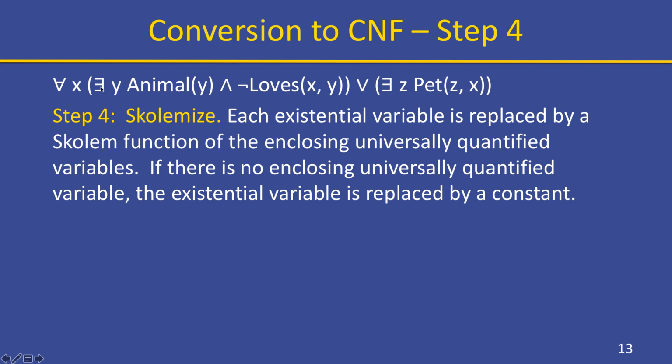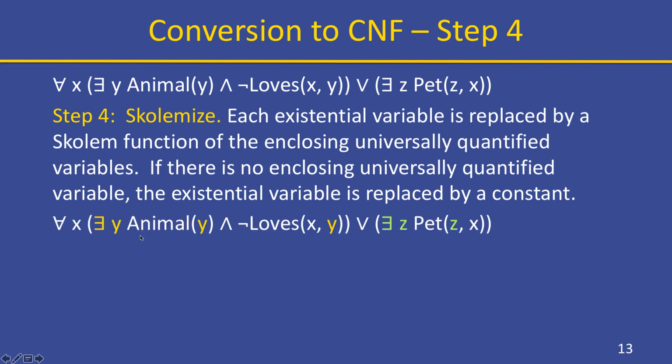So there is a single enclosing universally quantified variable here, it's x. So we should replace y with f of x. Can we also replace z with f of x? No, we can't, because y and z are 2 different objects. So what we do is we replace z with a different function of x.